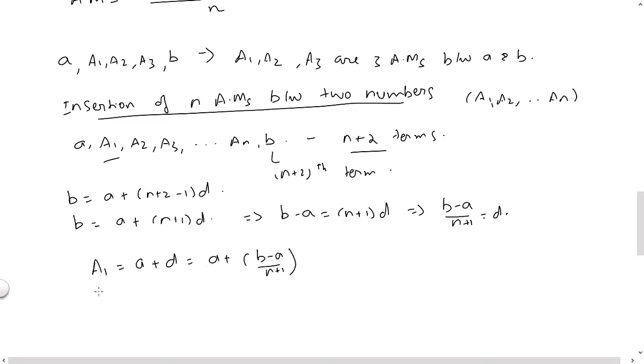If we have to determine A2, since A2 is now the third term, we will write A plus 2D, that is A plus 2 into (B minus A) by (n plus 1).